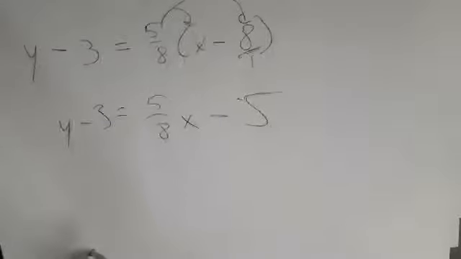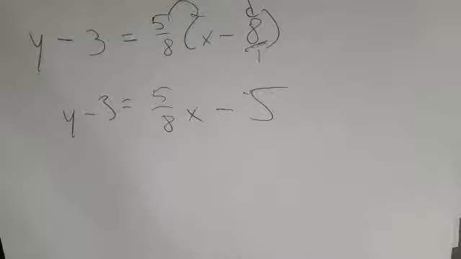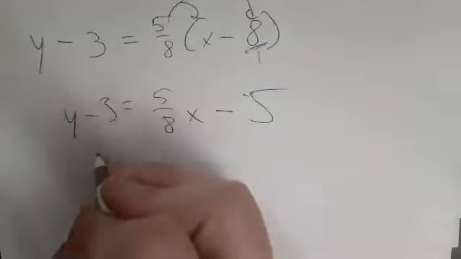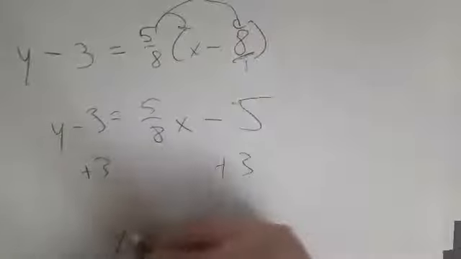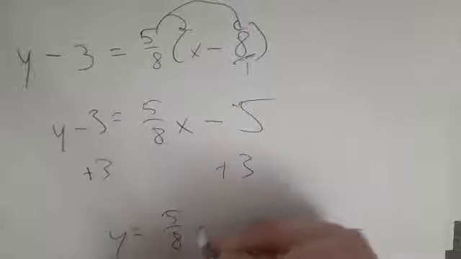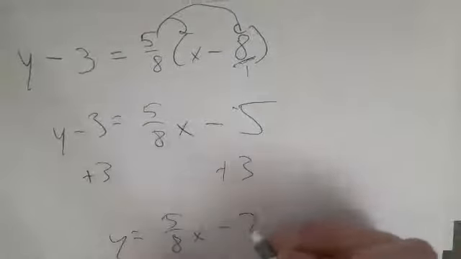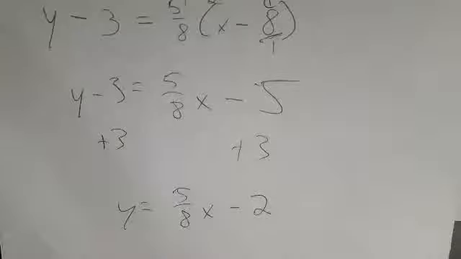And then the one last thing we have to do here is add 3, which is basically a one-step solution. So we get y equals 5/8 x minus 2. That makes a lot of sense.